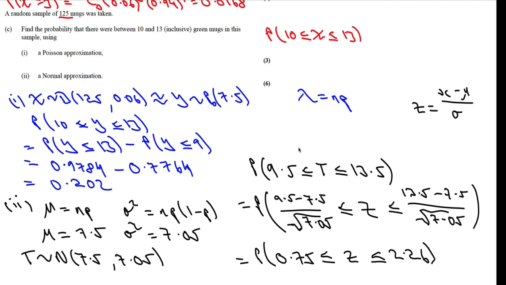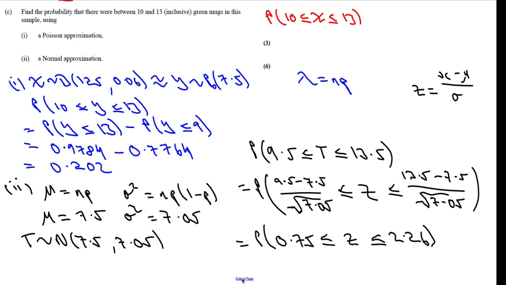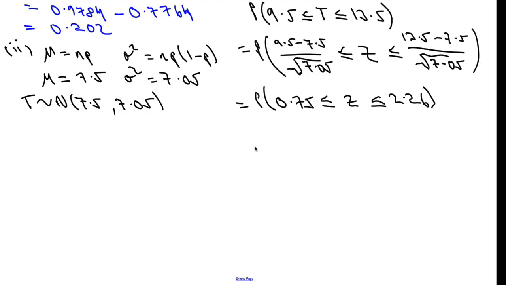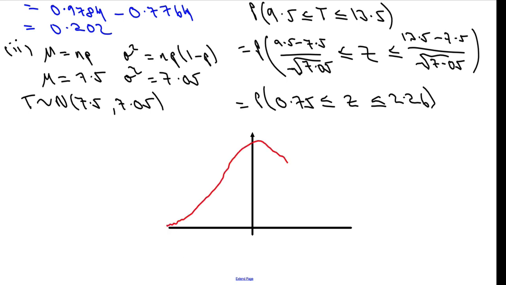Okay, let's make a little bit more room here. So z is between 0.75 and 2.26. So I'm going to sketch a little diagram here because it's the first question on the normal distribution you may have seen in a while. So we have our axis. I have a feeling this is going to look terrible, but could be worse.